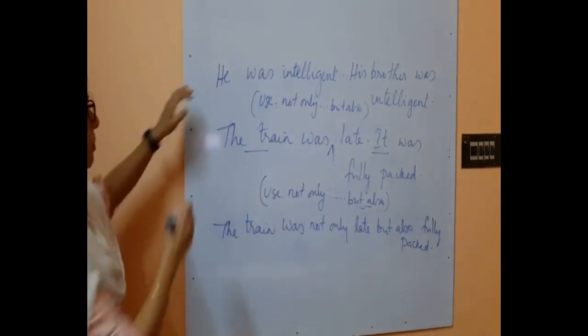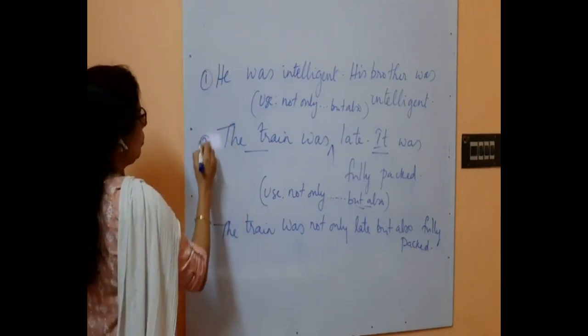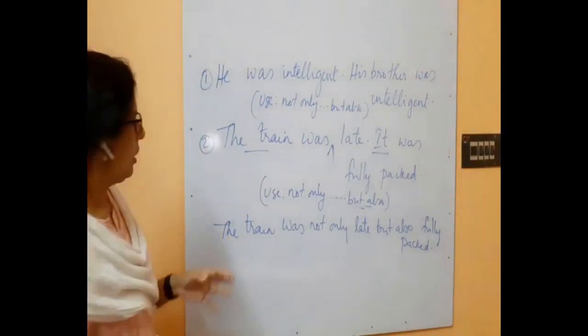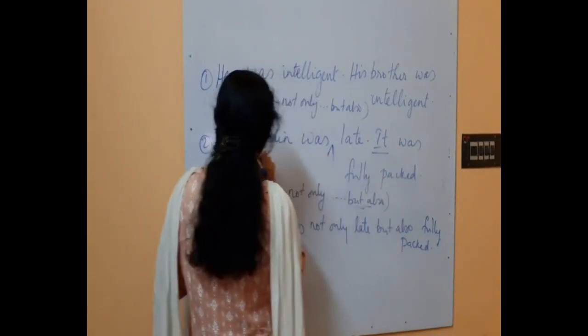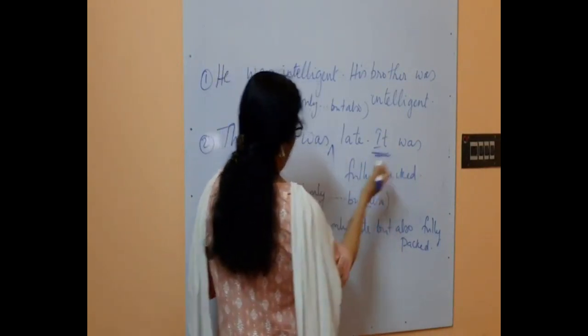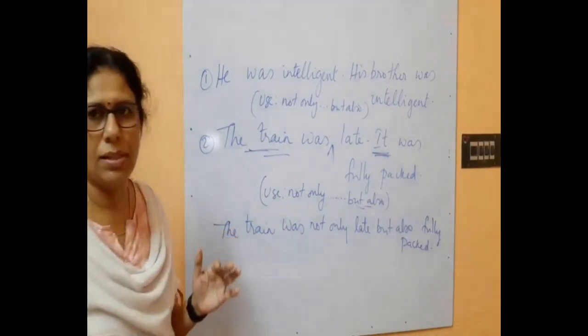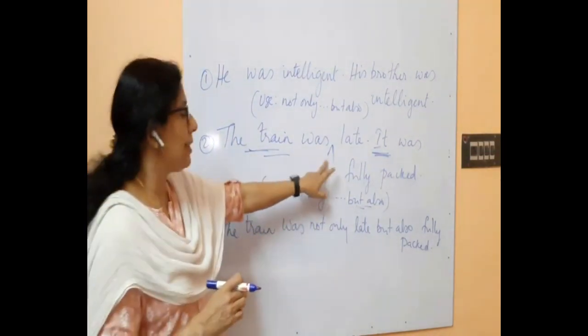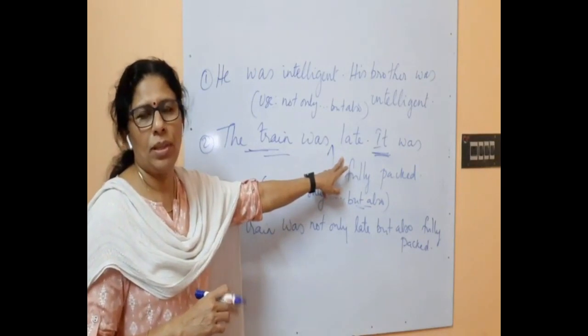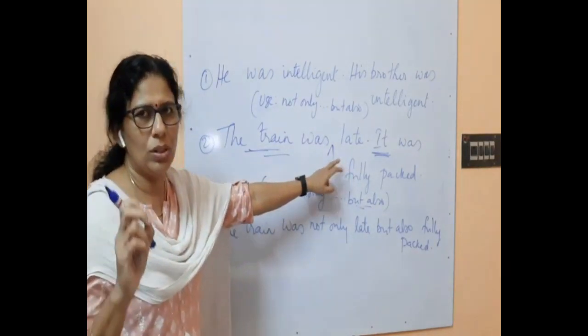Okay. So the difference between these two sentences I want to make clear to you. So here we can see that the train was late, it was fully packed. Both the subjects are same. So if both the subjects are same, when you are combining it with not only but also, you have to place it after the verb. That is the rule. So please do mention it in your book.